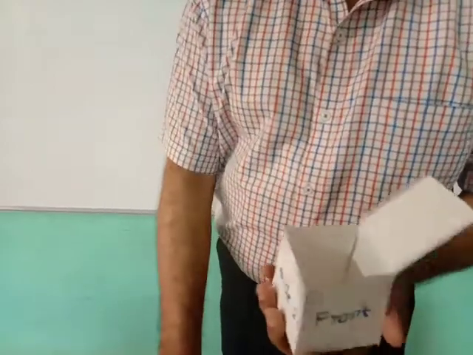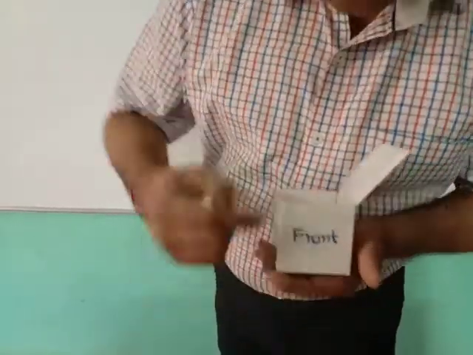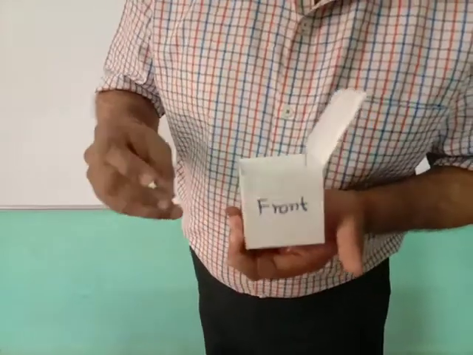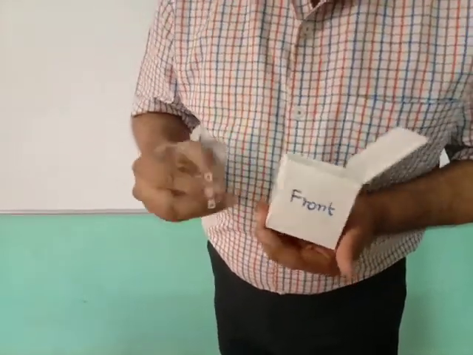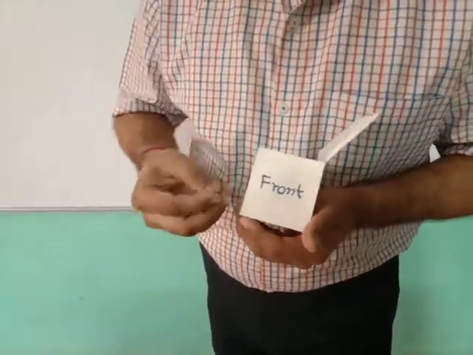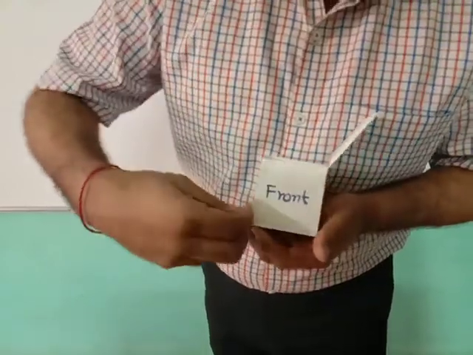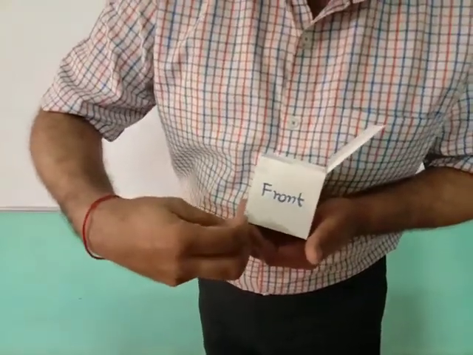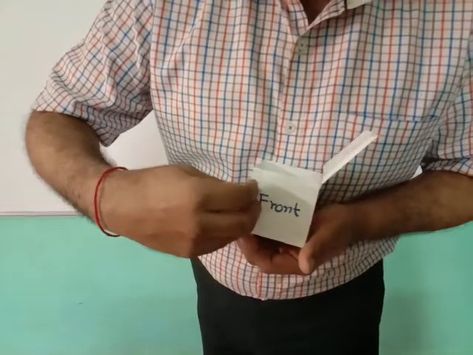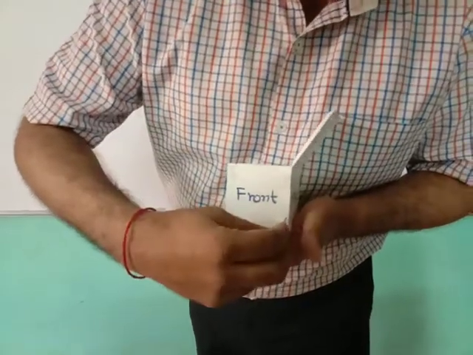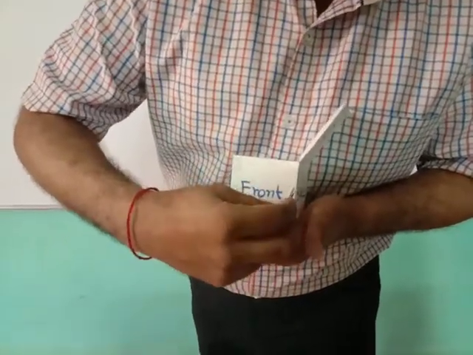Then you may see that this is the front, side 1, side 2. Now we are going to open one by one all the faces of this cube. So afterwards we are going to open the front face very carefully.